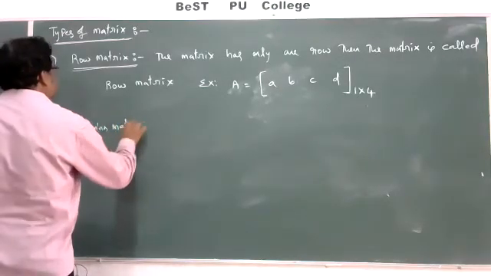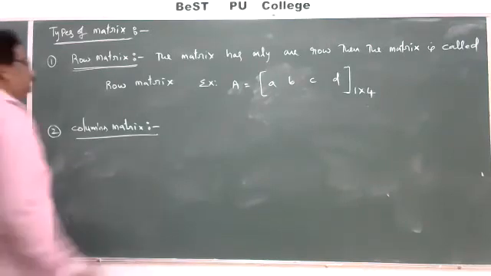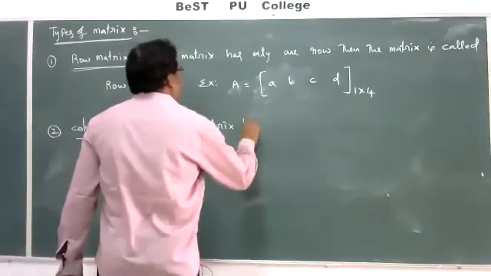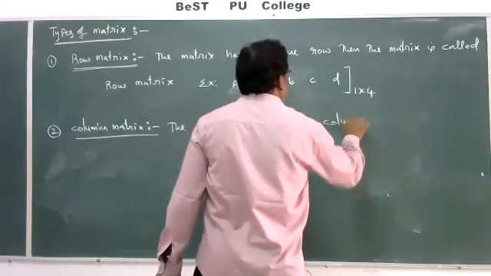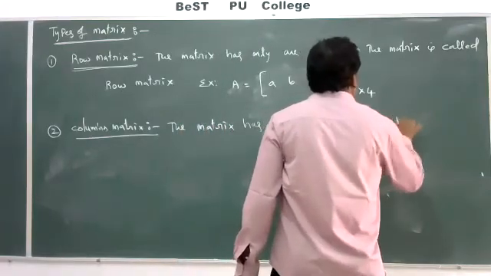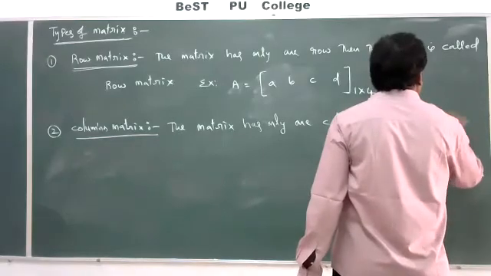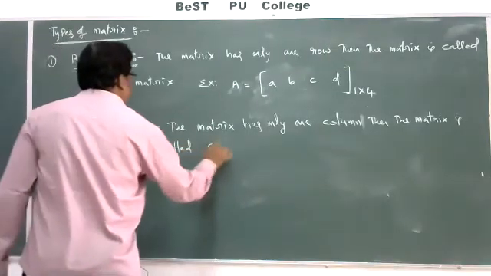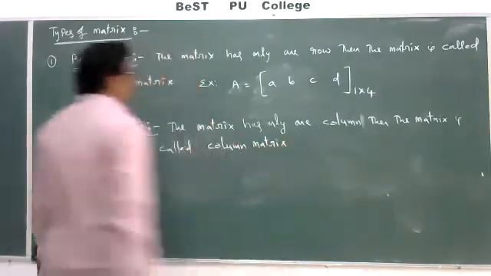Column matrix. If the matrix has only one column, then the matrix is called column matrix.